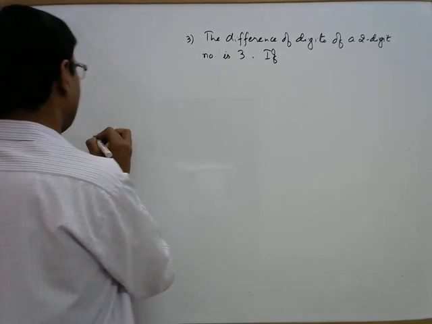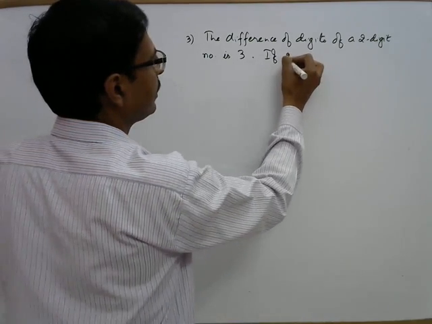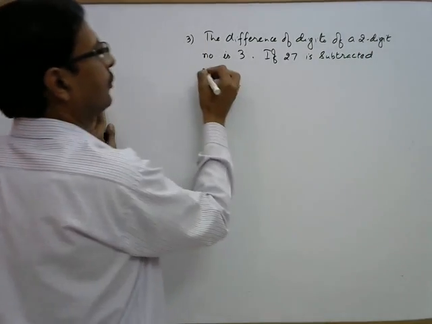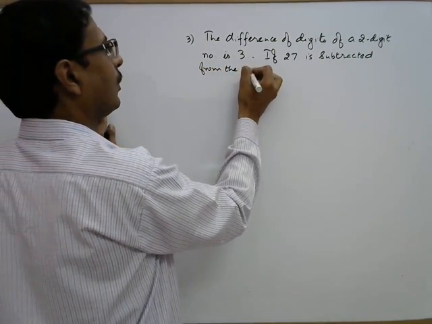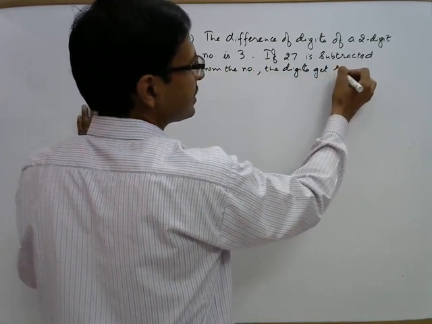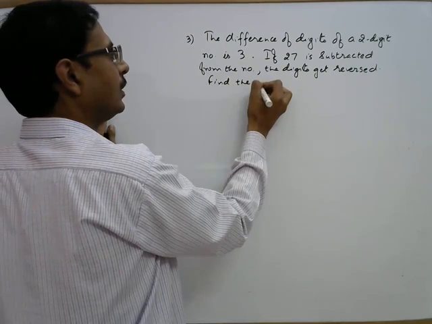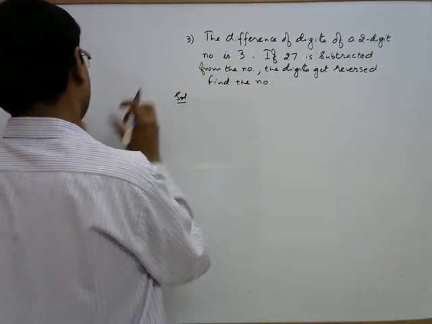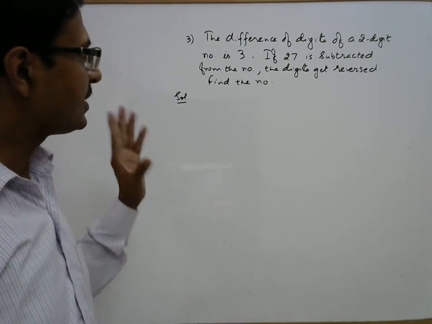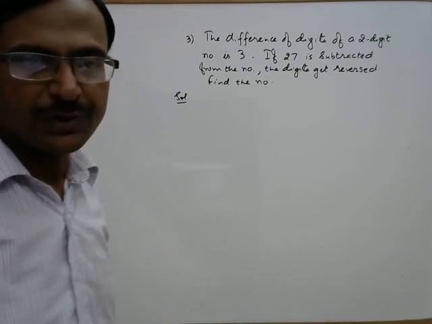If 27 is subtracted from the number, the digits get reversed. So we need to find the number.